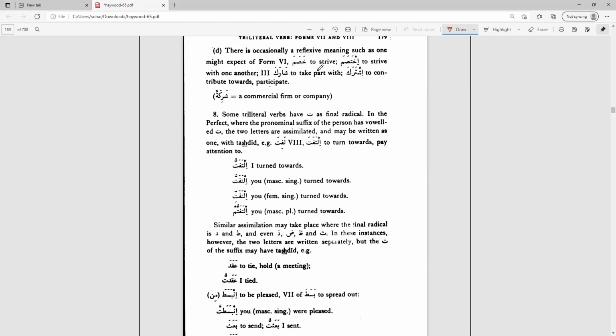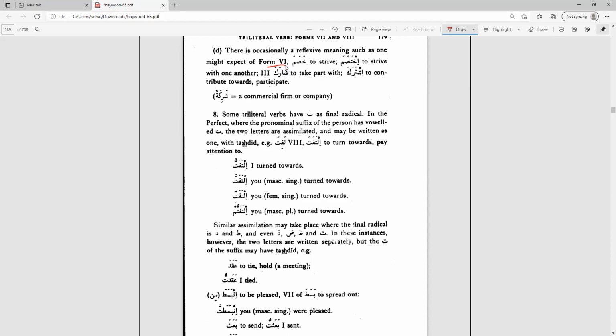In form 6, we said the action is in relationship to another person. For example, qatala means to fight, qatala in form 6 means to fight each other. So here it could have a similar meaning. Khasama means to strive, ikhtasama means to strive with one another.